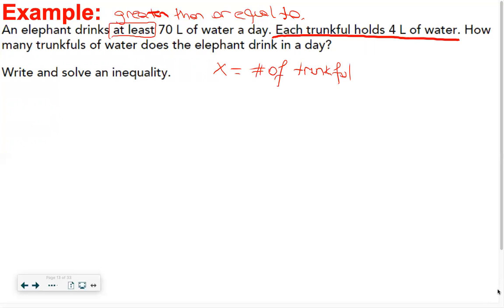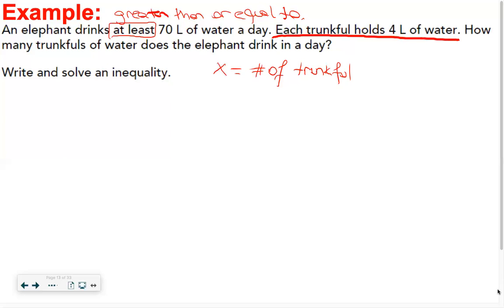If one trunkful holds 4 liters of water, how many liters of water do 2 trunkfuls hold? It's going to be 4 plus 4 is equal to 8 liters. What about 3 trunkfuls? You are going to say 12 liters.